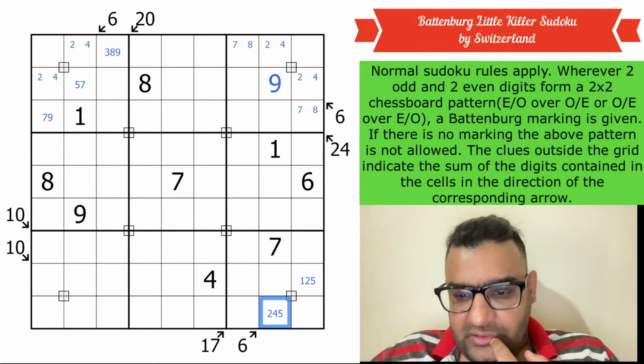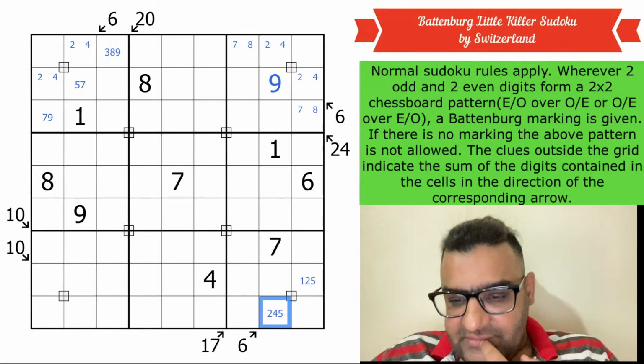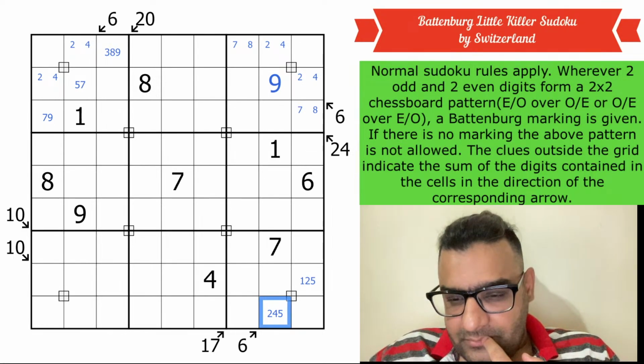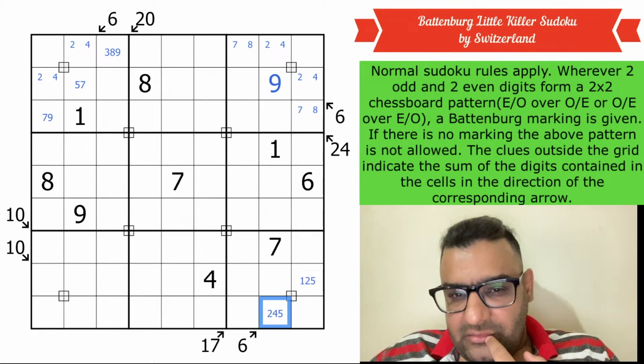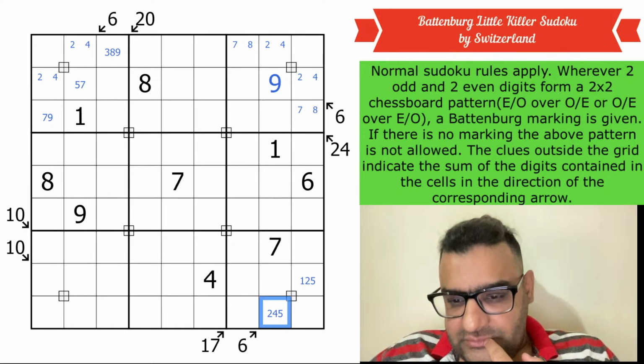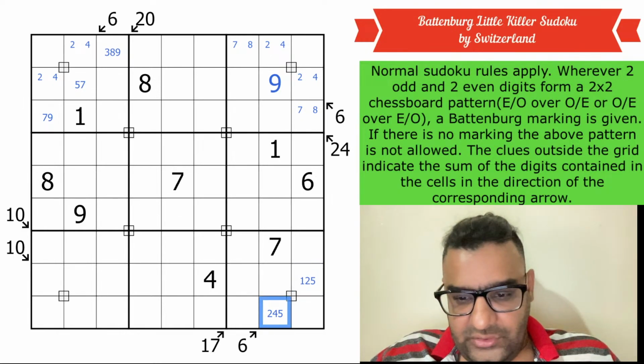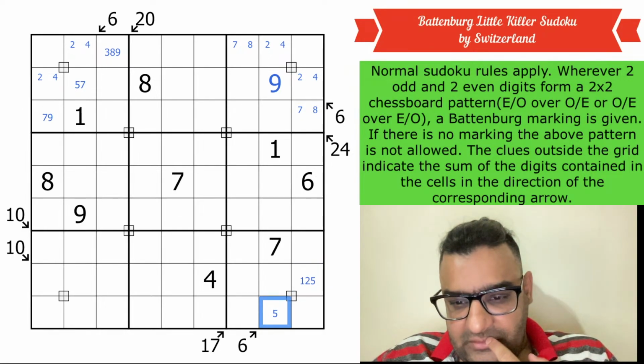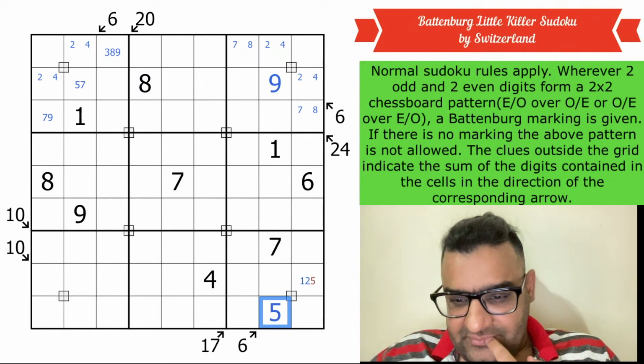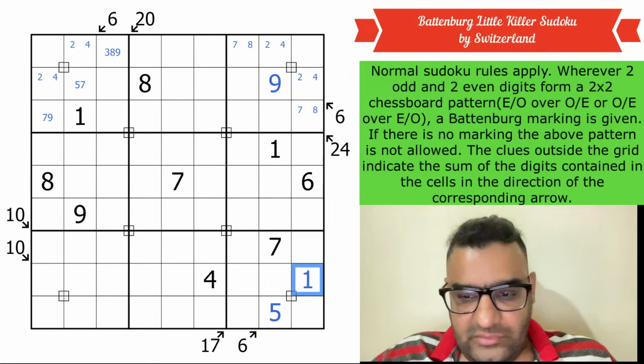Let me see what I can put here. This word will always have 2 or 4. So it means I cannot put a 2 and 4 there. So this word will always be 5 and this will always be 1.